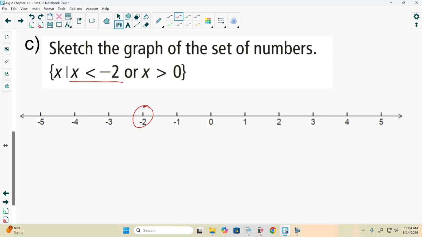Now we need to figure out, are we going to shade to the left or to the right? We're thinking left, so -3. Is -3 less than -2? Yeah, so we would shade that way. That's it for that half.